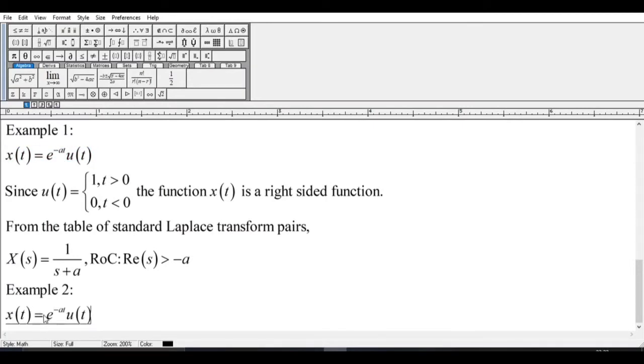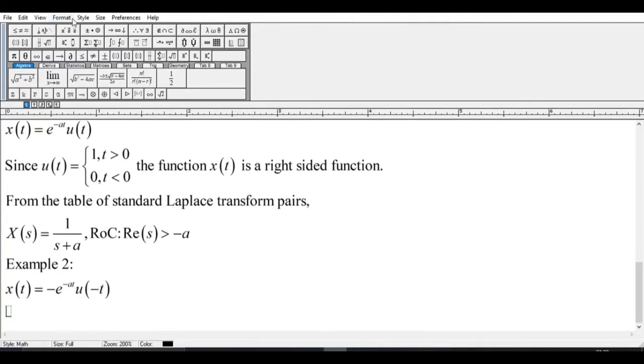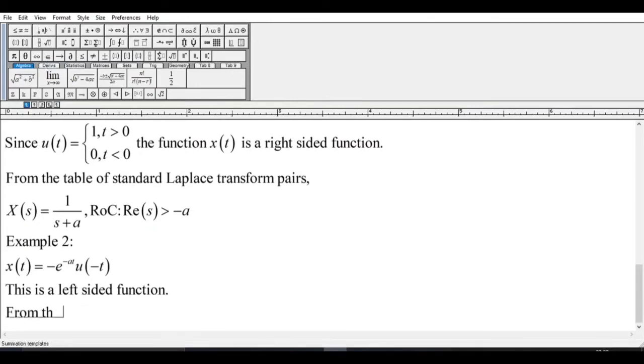In this case, we take a left-sided sequence, x of t equal to minus e to the power minus a t u of minus t. Naturally here u of minus t is a left-sided function, which makes the entire function x of t left-sided. Again, without performing the integral, in order to save time, I am going to refer to the table of standard Laplace transform pairs.